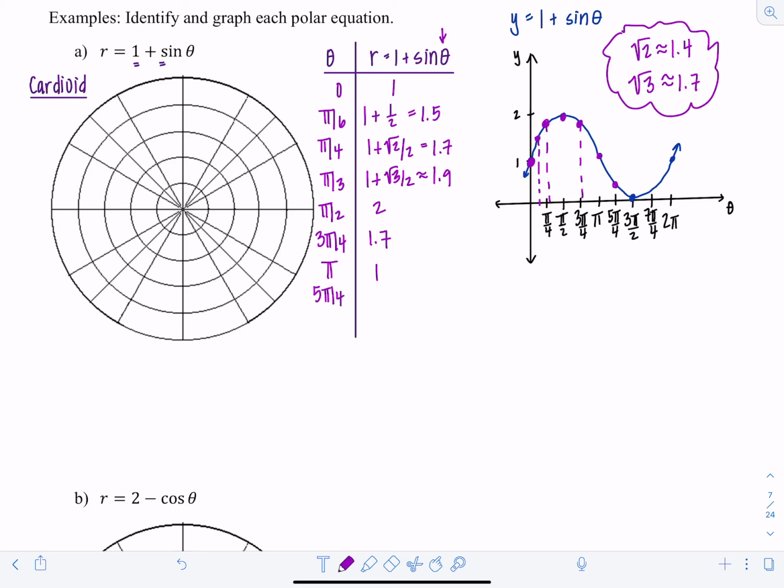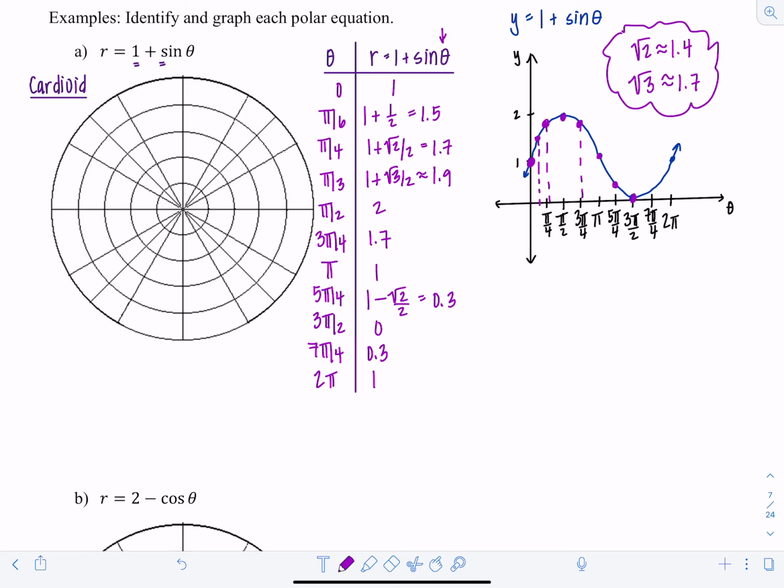So 5 pi over 4, that's going to be 1 minus rad 2 over 2, or 1 minus 0.7, so that's about 0.3. 3 pi over 2, we have 0. You can see that there. 7 pi over 4, we have 0.3, and then 2 pi, we're back at 1, okay?